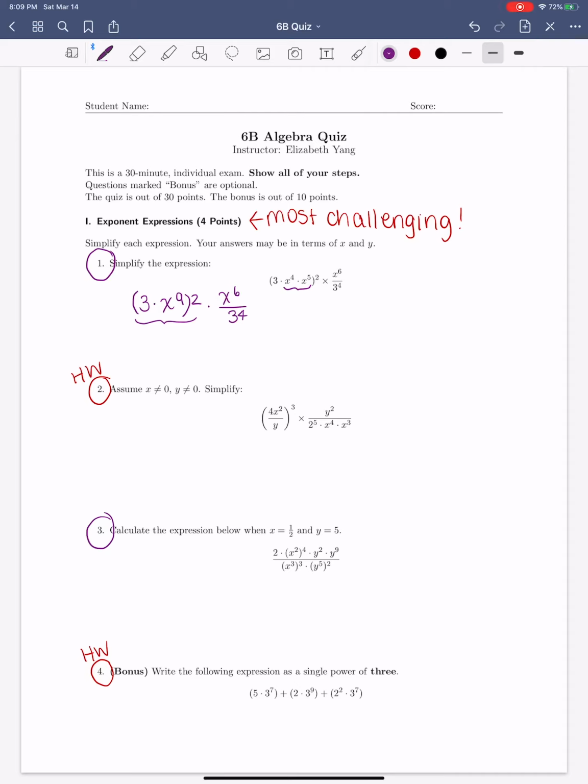So now we want to use the fact that a times b to the n is equal to a to the n times b to the n. We have 3 squared times x to the 9th, whole thing squared, now times x to the 6th divided by 3 to the 4th.